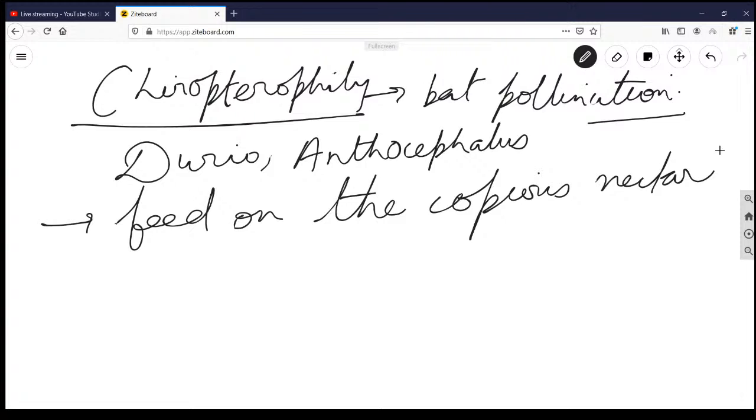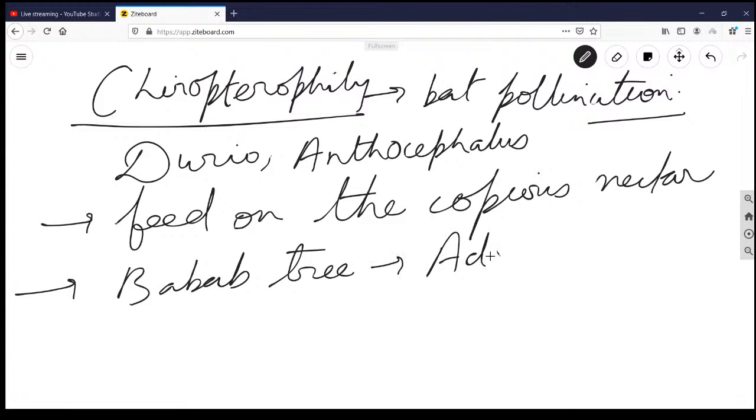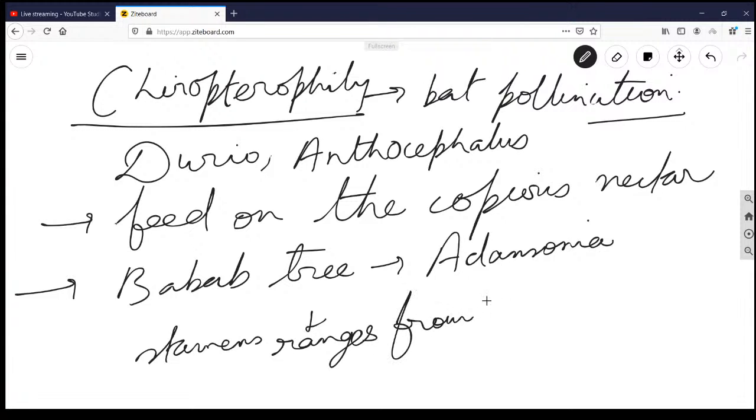So in flowers of the baobab tree, also known as Adansonia, the number of stamens ranges from 1500 to 2000, in order to produce pollen in extremely large numbers.